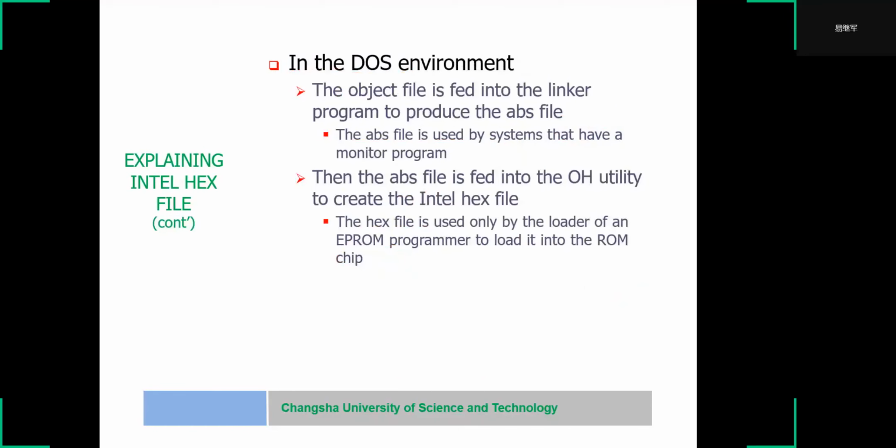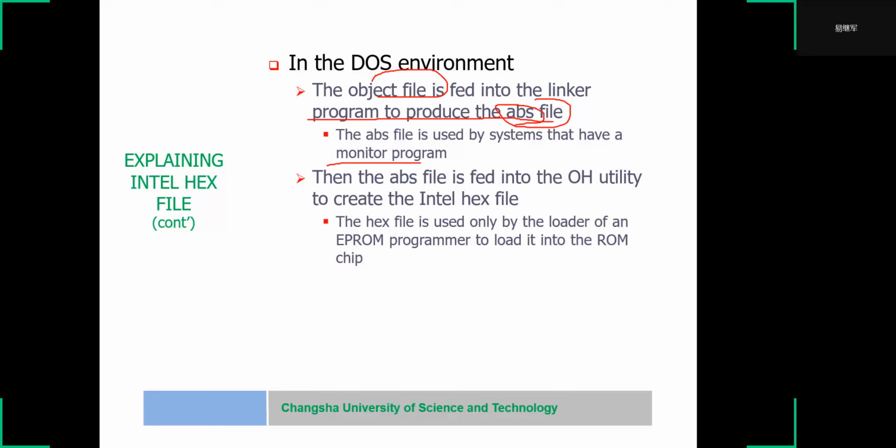In the DOS environment, the object file is fed into the linker program to produce an ABS file. The ABS file is used by systems that have a monitor program.